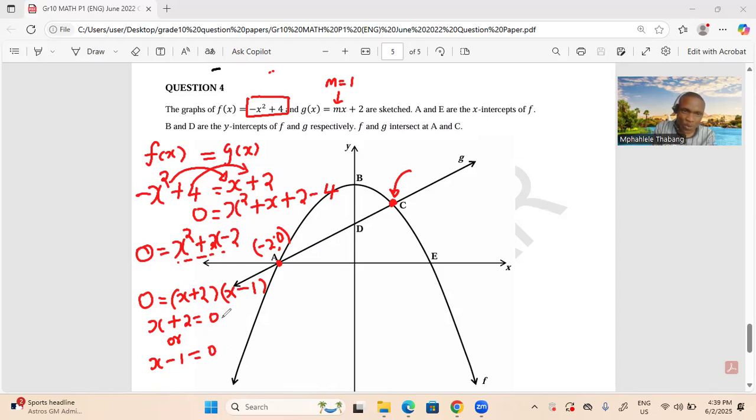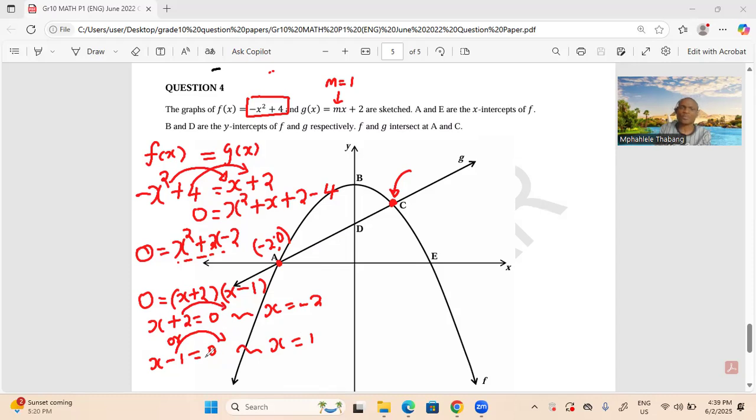So x plus 2 equals to 0 gives us the value of x equals to negative 2, if you take positive 2 to this side. X minus 1 equals to 0 gives us the value of x equals to 1, if you take minus 1 to this side.